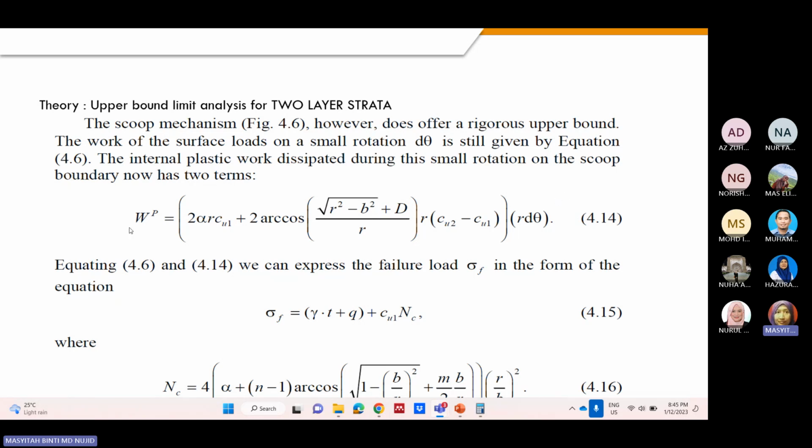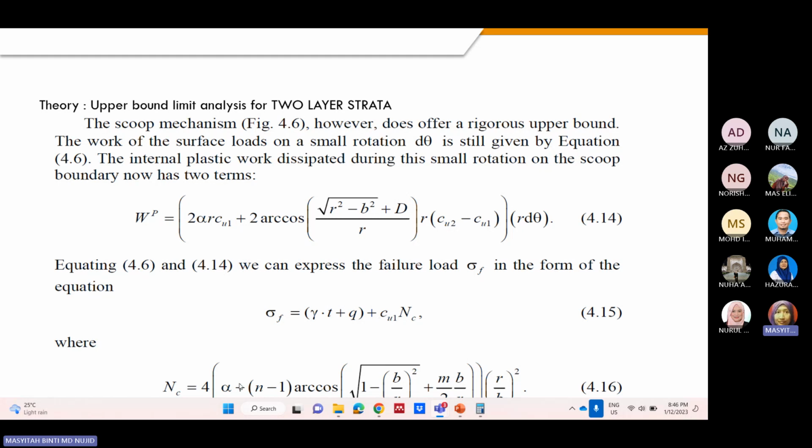So the extended WP to the last equation as shown in 4.14, and then the equation 4.6 and 4.14 is simplified according to the first or original equations here. So gamma times T plus Q plus Cu1 and C.